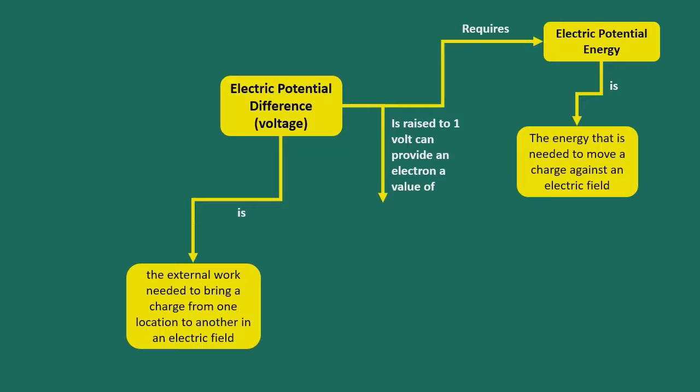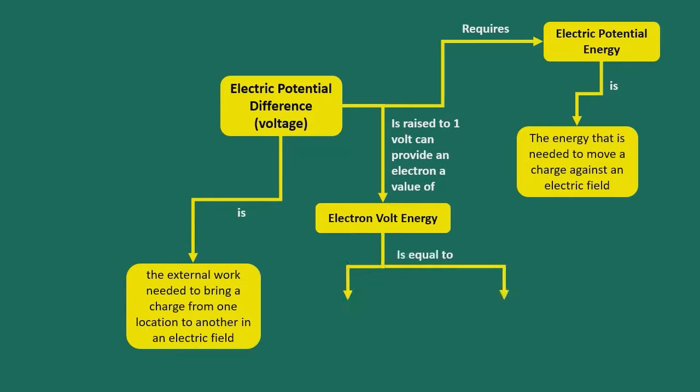And for example, when the electric potential difference, if a charge is raised from one point to another, like a 1 volt difference, this will actually provide the electron a value of what we call an electron volt energy. So that is just raising a specific amount of difference, which is equivalent only to 1 volt, and that is already a value of an electron volt energy.